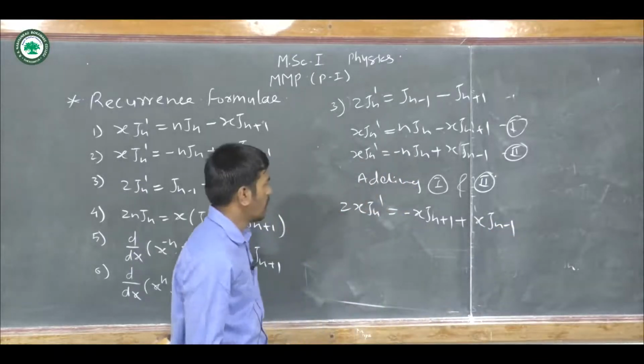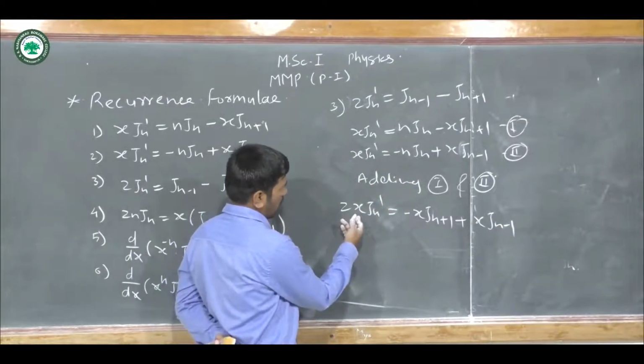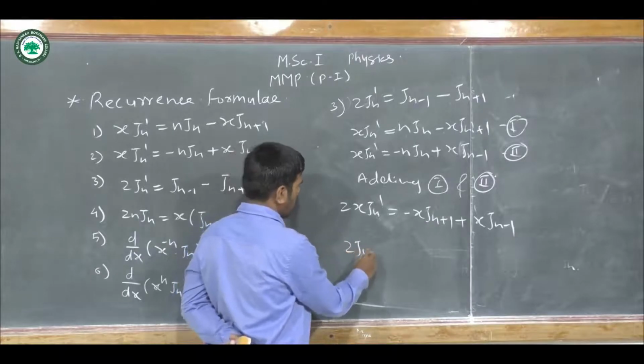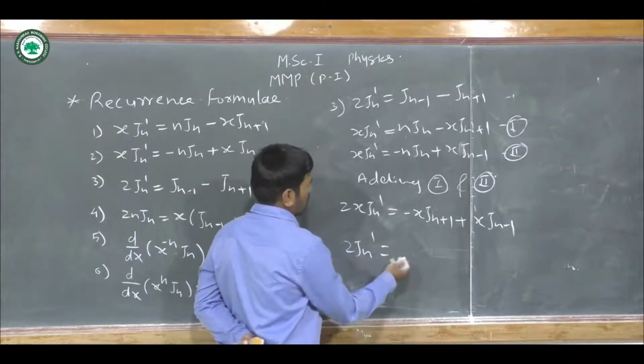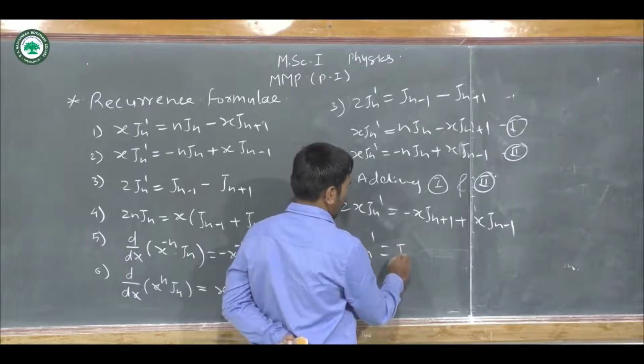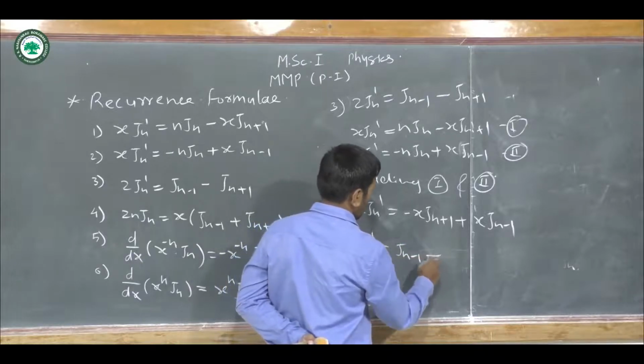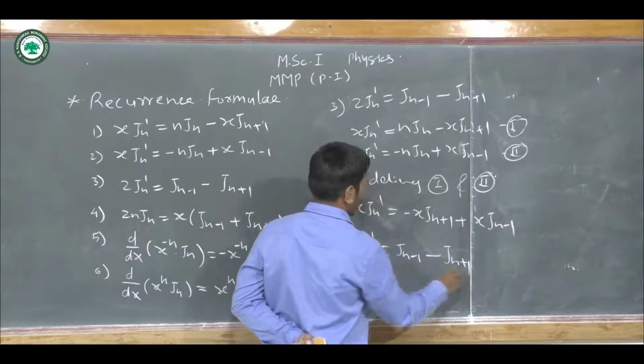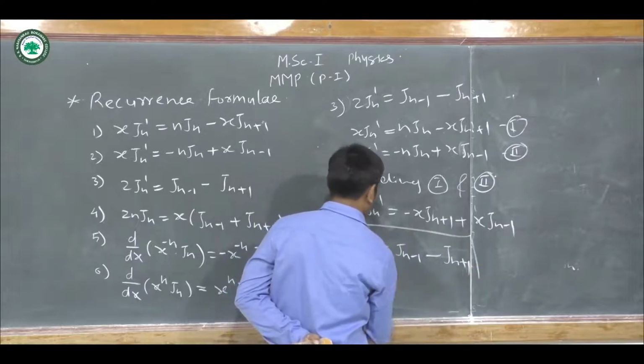So it just cancels this x, so it is 2 Jn prime is equal to Jn minus 1, sorry, minus Jn plus 1. So this is the third one.